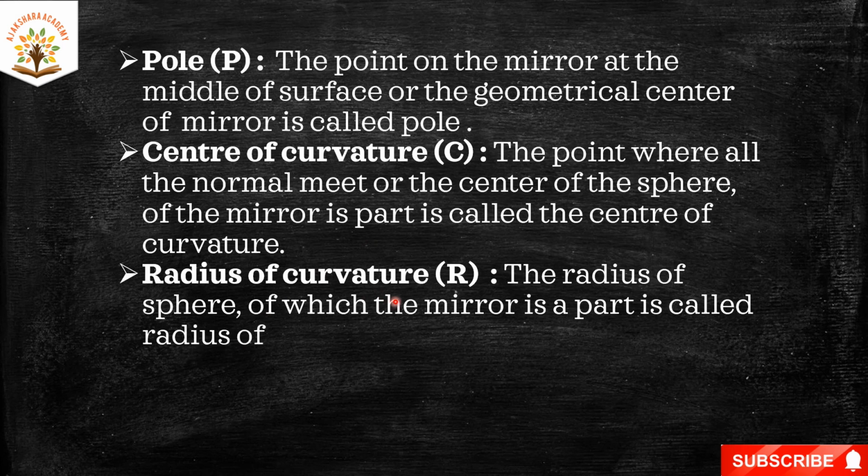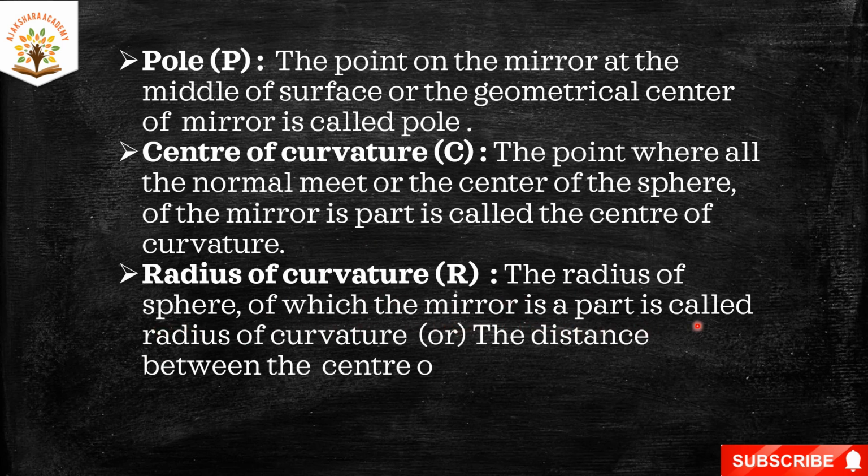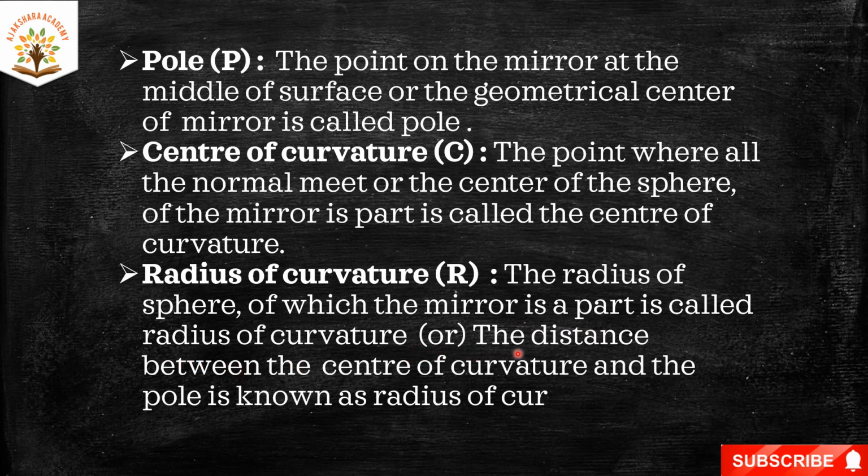Radius of curvature. The radius of the sphere of which the mirror is a part is called the radius of curvature. Or another one, the distance between the center of curvature and pole is known as the radius of curvature. It is denoted by the letter R. Or a simple definition, the distance between P and C is known as the radius of curvature.